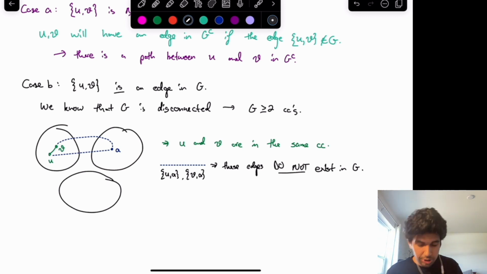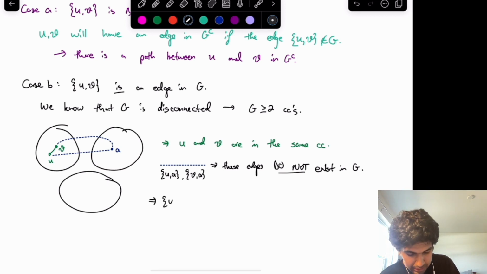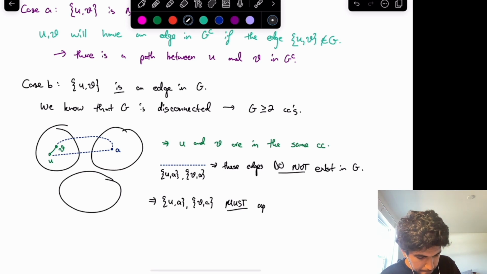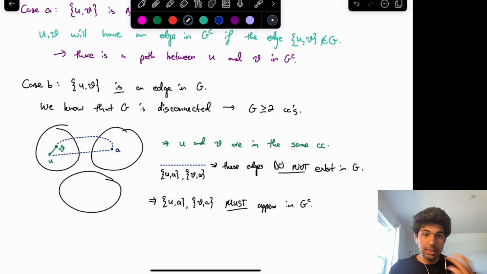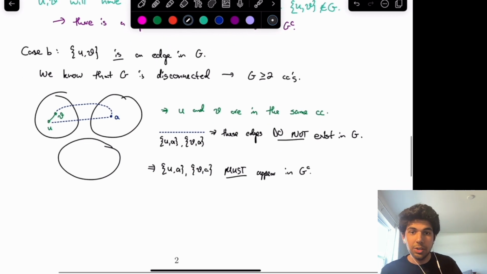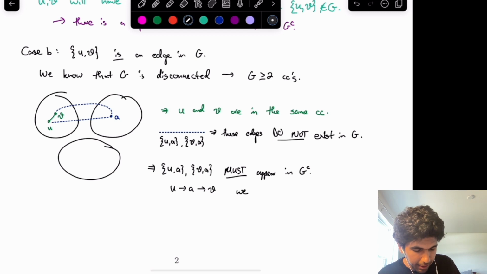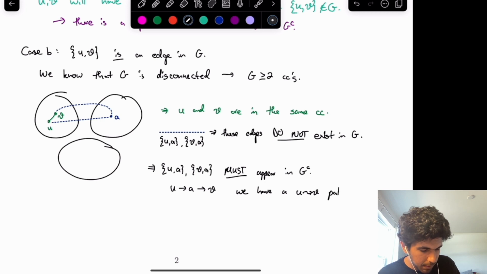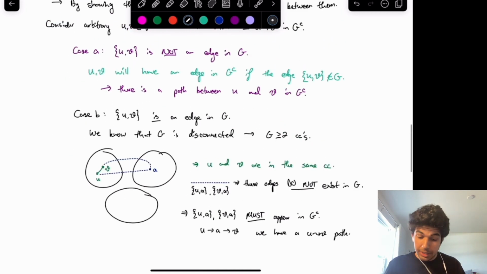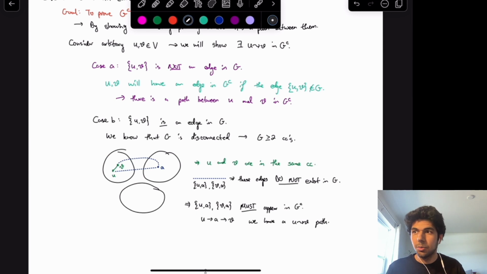Those edges do not exist in G. However, that must mean UA and VA must appear in G complement by definition, since they don't appear in G. Well, then life becomes really easy because we just go from U to A to V and we have a path. And this, in fact, is the end of the proof, which is kind of crazy.